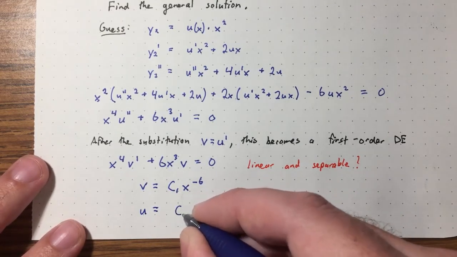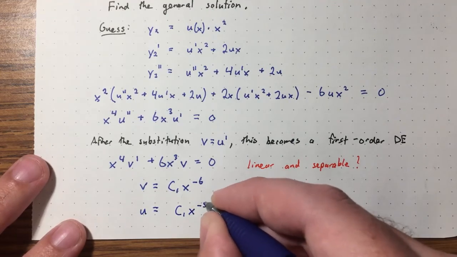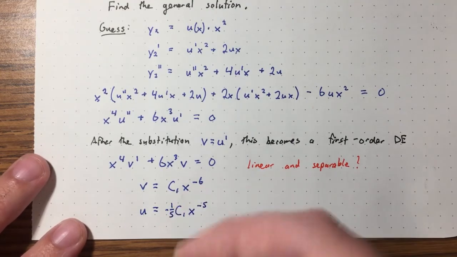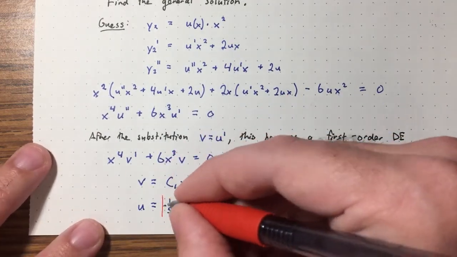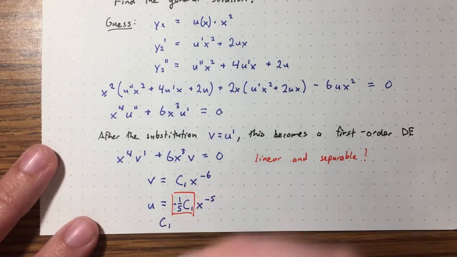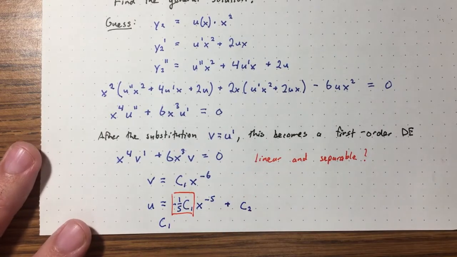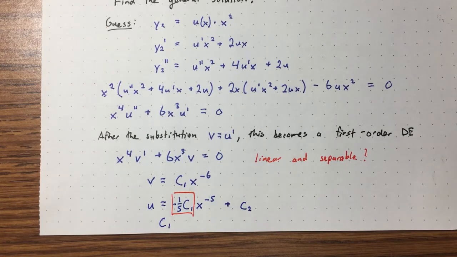So we just get c1 x to the negative fifth. I have a negative 1/5 out there technically, but we can just rename this c1. That's fine. And then we have plus c2, the arbitrary constant that comes from taking the antiderivative. So we have c1 and c2.